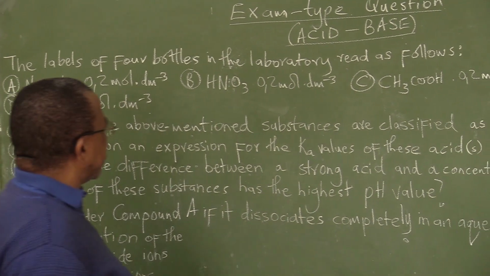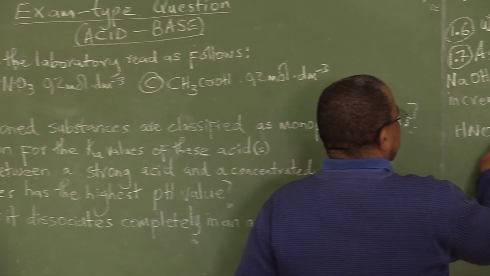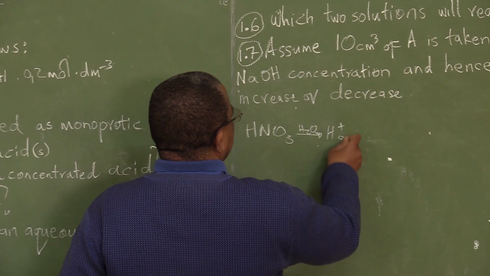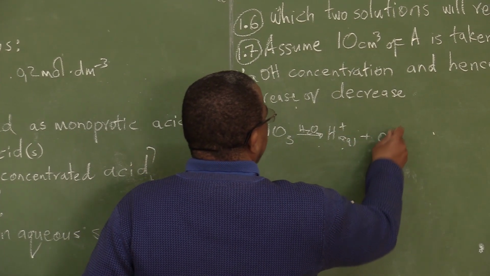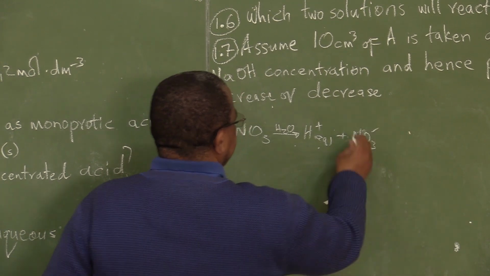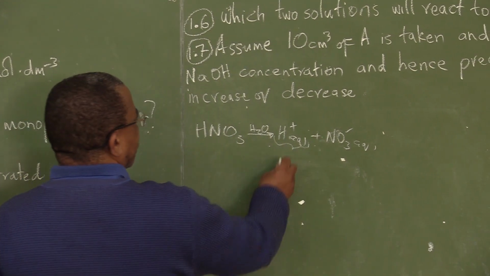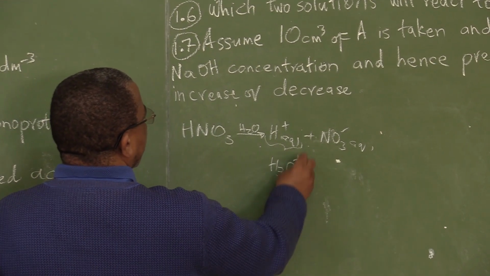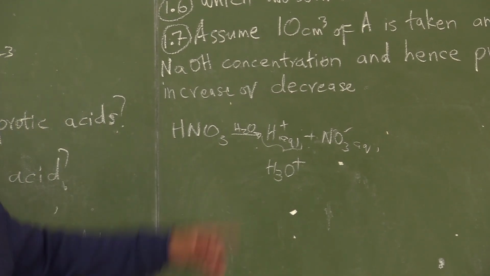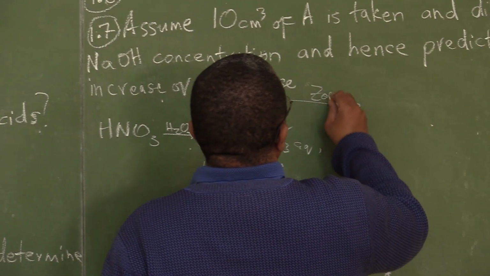Number B is monoprotic because if HNO3 dissociates in water, it forms H plus aqueous and NO3 minus aqueous. Or if we don't want to say H plus aqueous, we can say H3O plus. That is hydronium ion. This is H plus in water. Let me zoom.